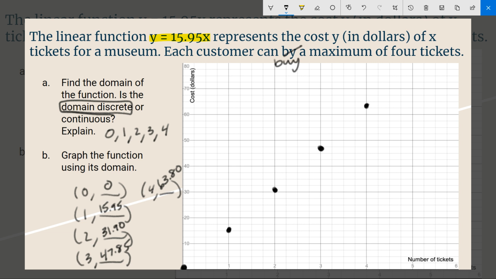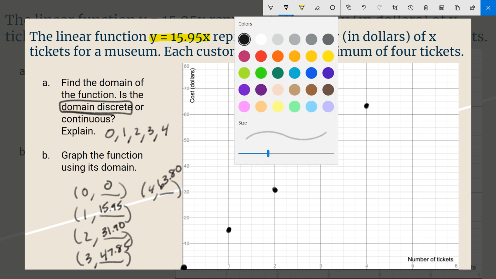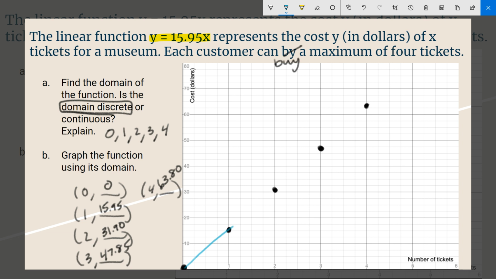So you can see these dots form a straight line, and they should, because this is a linear function. It's just that we're not connecting them to draw a solid line. If we did draw a solid line, we would be saying that every single point I'm going through is a part of this function.